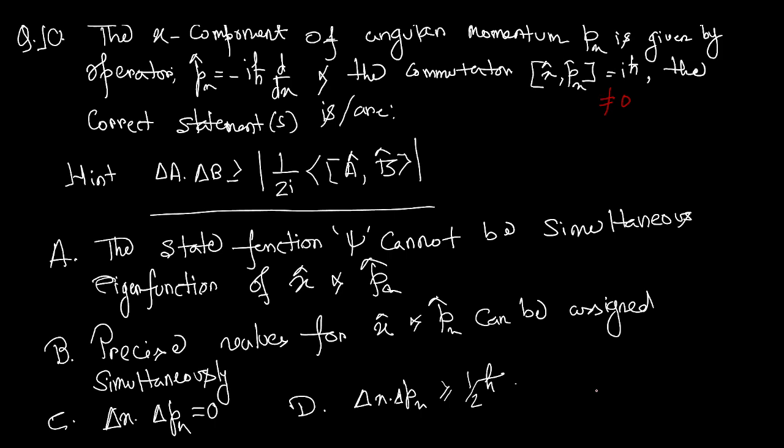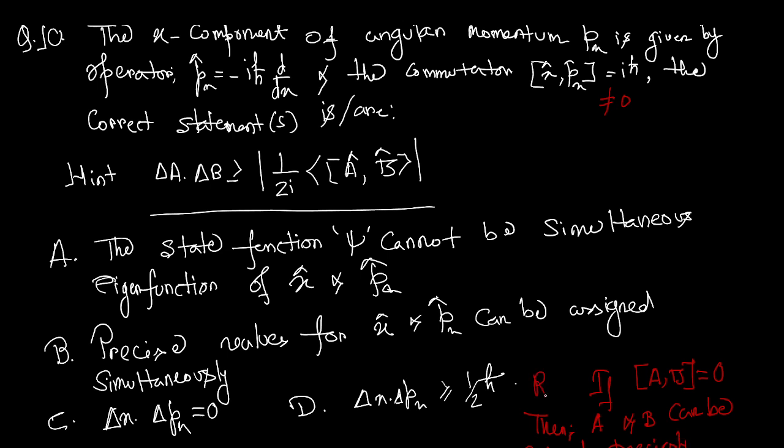So for a commutator, if a and b commute, then a and b can be assigned precisely.